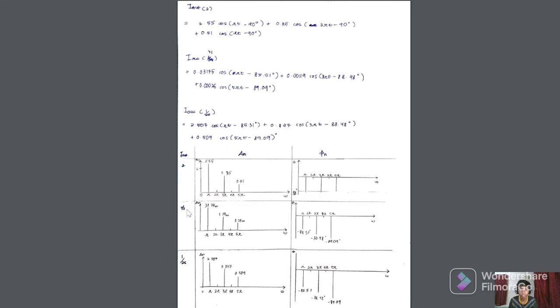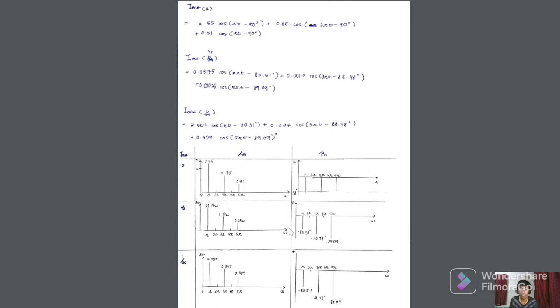So for the I out for s, when n equal to 1 we got 31.05 milli, and when n equal to 2 we got 0, and when n equal to 3 we got 1.1519 milli, and when n equal to 4 we got 0, and when n equal to 5 we got 0.26 milli.